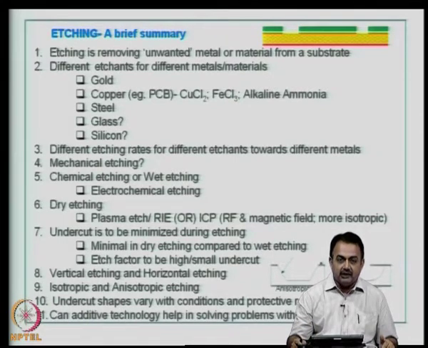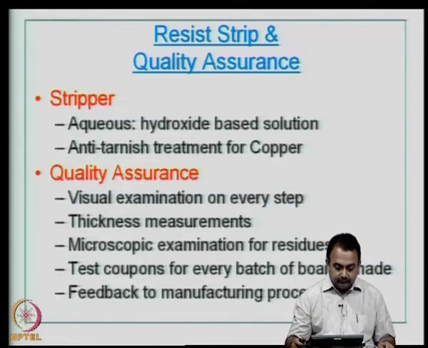So, that is why additive technology is becoming very popular. You can mask certain areas on the PCB, that is the non-circuit areas, with a metallic resist or a photoresist, and then plate copper onto the pattern areas that you require to the required thicknesses.